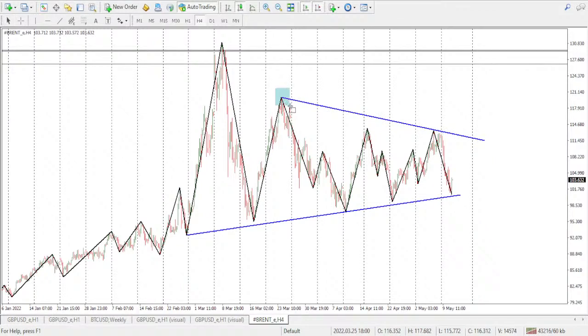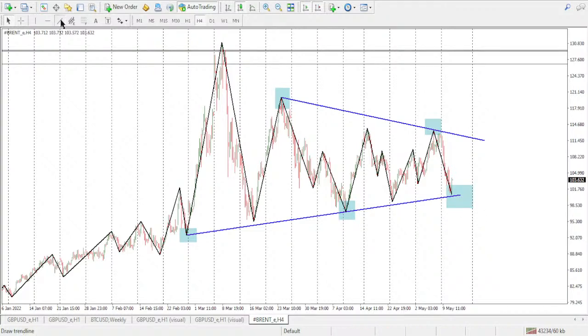We had a resistance in the past here, then we had a support here, we had a support there, and currently as we're speaking the price is approaching the lower trend line, which means this here is going to be a good place to look for a sell from.